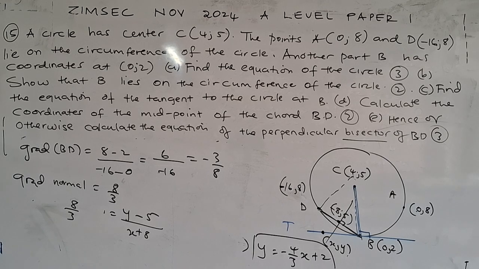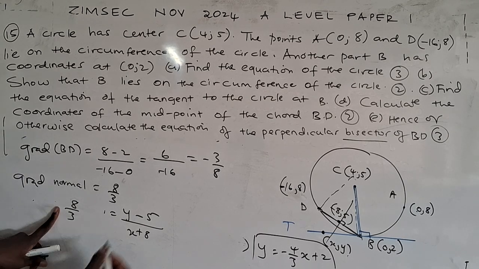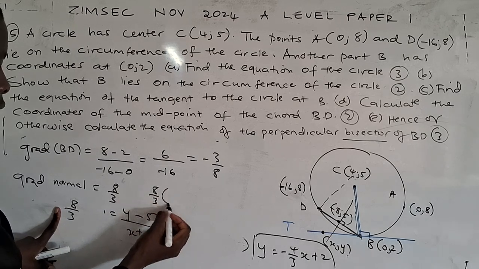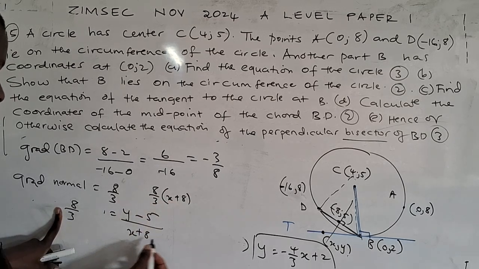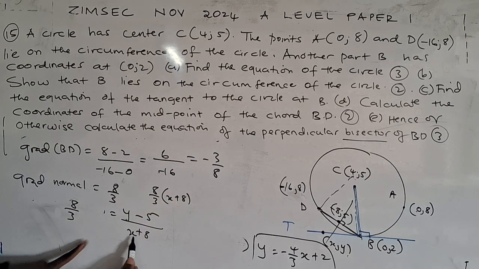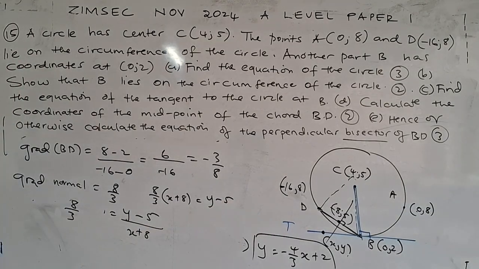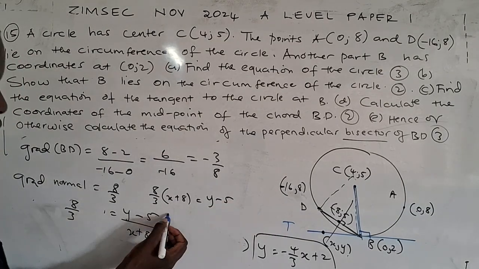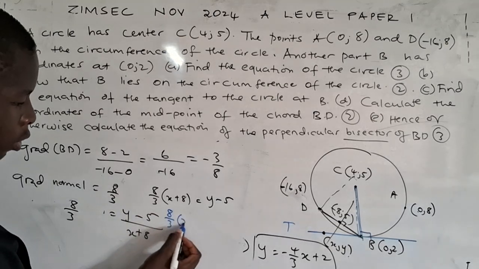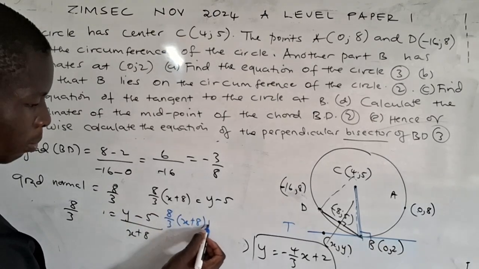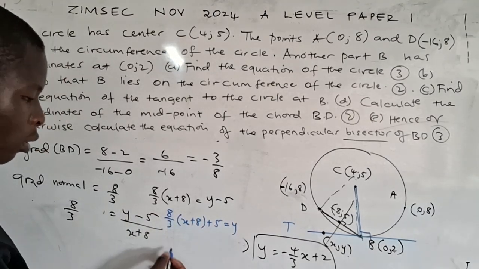Now you do cross multiplication. So 8 by 3 into x plus 8 is equal to y minus 5, which is 8 by 3 into x plus 8, plus 5, is equal to y.